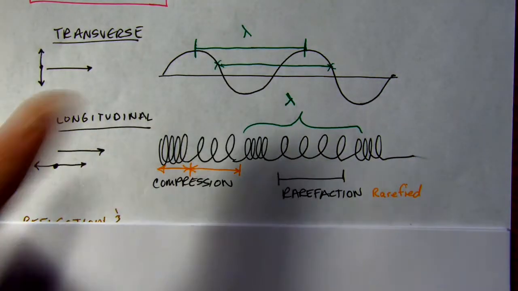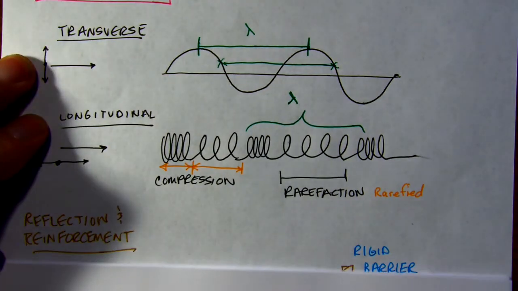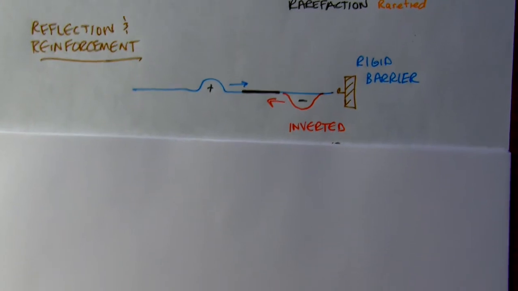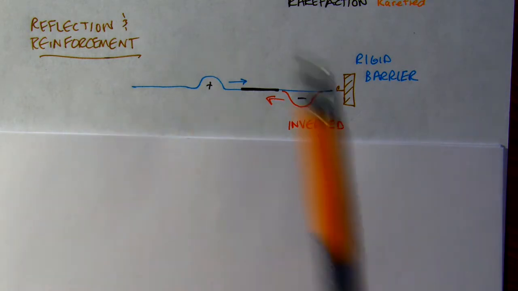Because although sound waves are compressional waves, it's much easier to describe them as transverse waves. So what we're going to do first is talk about how transverse waves behave, although compressional waves do the same thing. And that's how we're going to tie this all together.